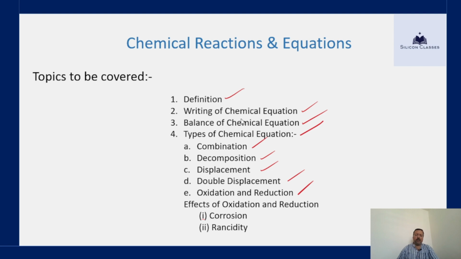These 5 are the main types of chemical equation. And after that, we will also discuss the effect of oxidation and reduction, that is corrosion and acidity. These are the main 2 effects which we are seeing in our environment.